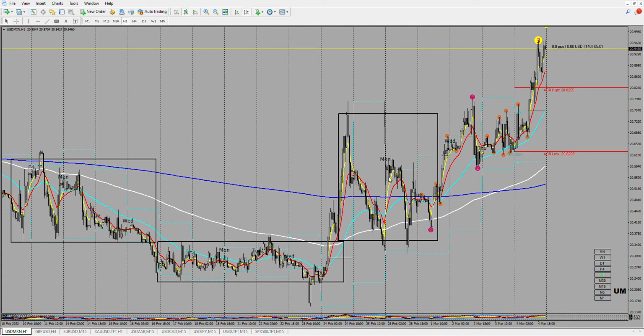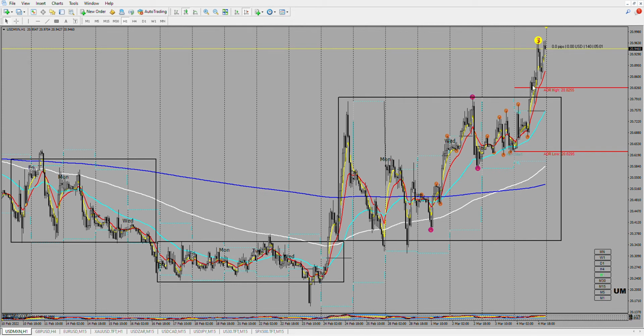Even after 1, 2, 3, 4 days of consolidation, it did not break the previous high, which is this one. So this whole thing right here is going to be a consolidation phase. This is going to be our level 1 consolidation. Then after that, what did we see? Price broke out of this range.